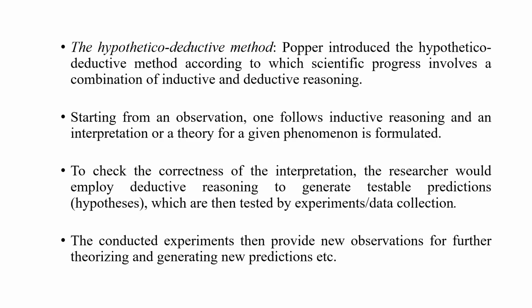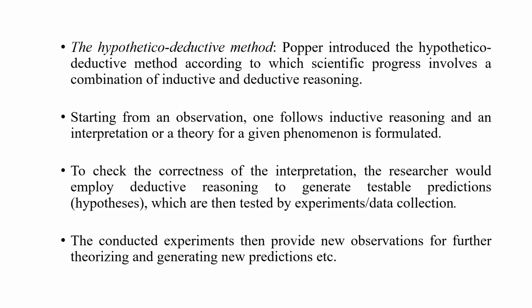Now, to check the correctness of this interpretation that January is colder than March, the researcher would employ deductive reasoning to generate testable predictions. So how do I go about this? We generate a testable prediction that the average temperature in the first week of January will be lower than that of the first week of March by so many degrees.